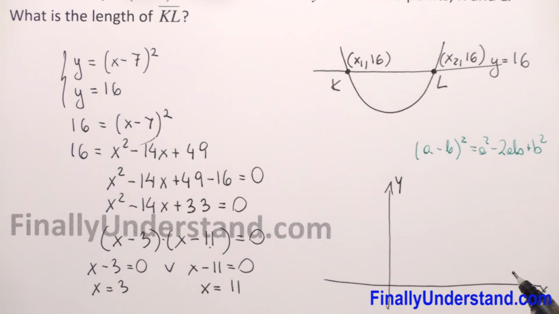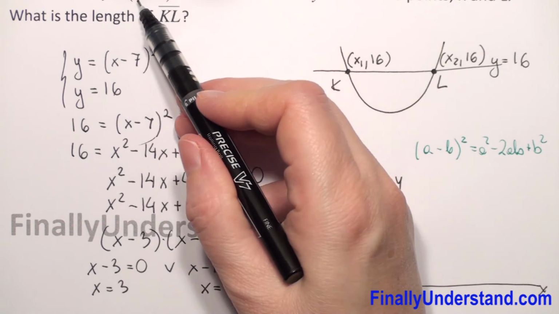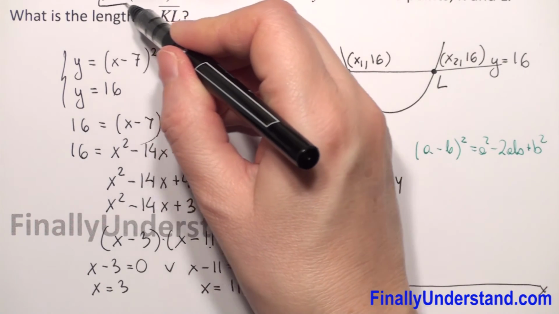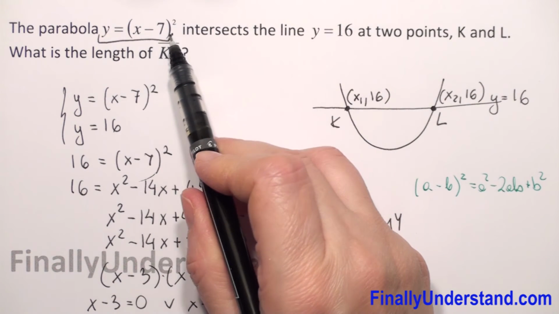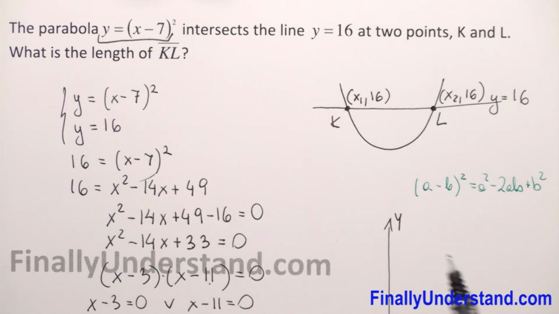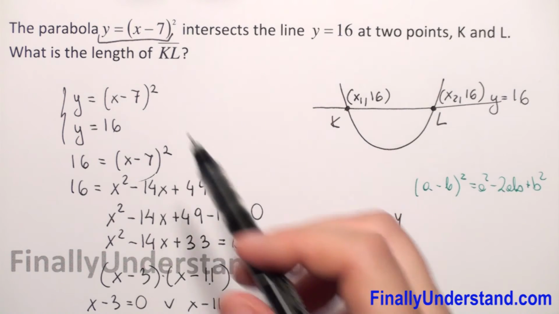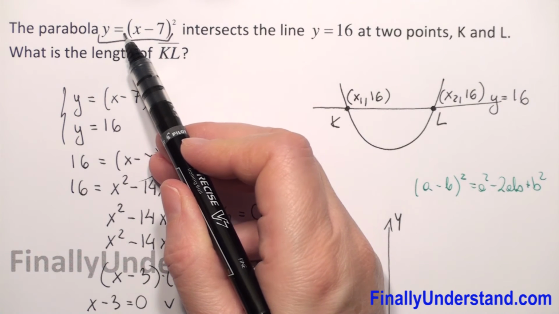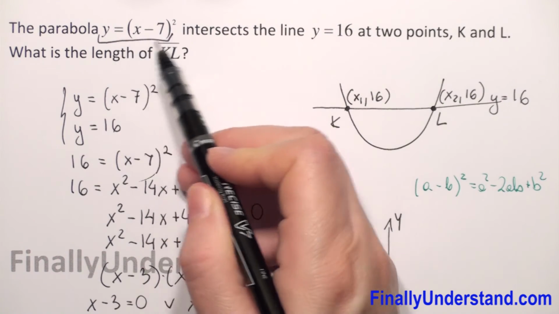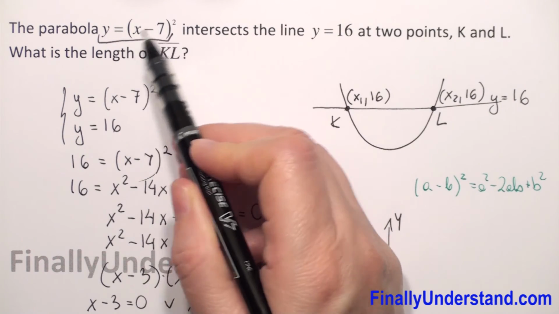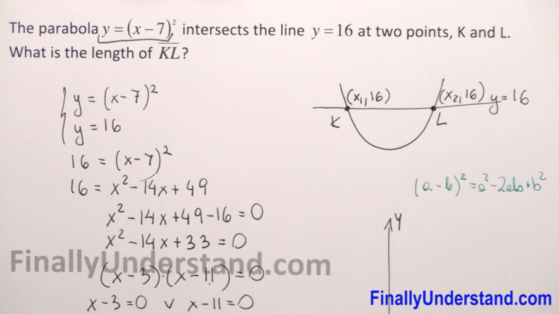And now we will draw our parabola, because we have given here that the equation of our parabola is (x minus 7) to the second power. Like I said, the parabola opens up because the coefficient before the parentheses is positive. What else? We can read the vertex of our parabola from this equation.